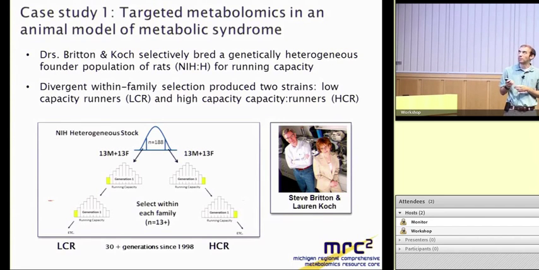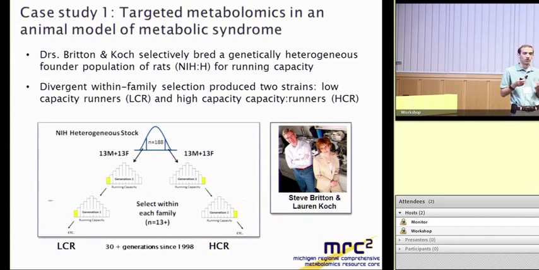Some collaborators, some pretty smart people who are now here at the University of Michigan, Steve Britton and Lauren Koch, set out some years ago, in 1996, to create a model for the genetic heterogeneity of divergent exercise capacity and metabolic function in rats by breeding rats from a heterogeneous stock, this NIH heterogeneous stock, and selecting for running capacity.